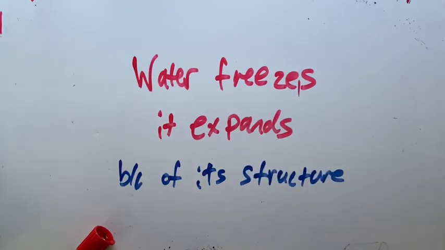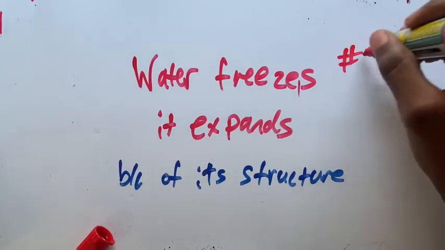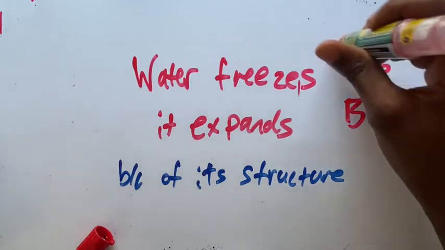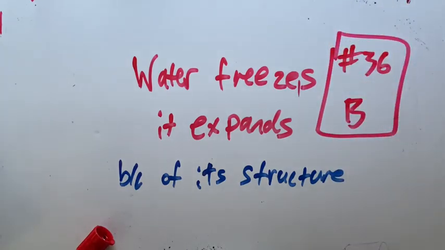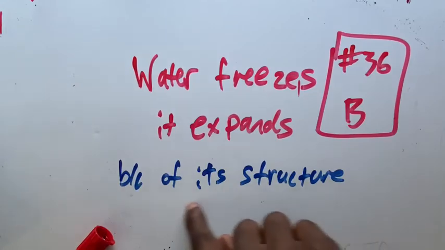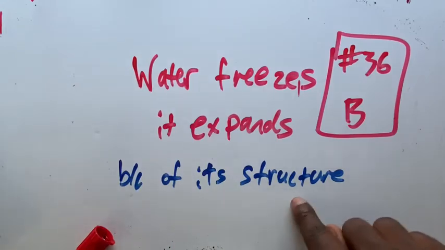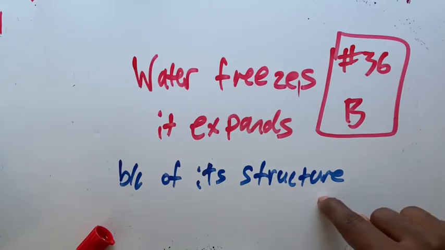37 says, well, actually, let me write this out. 36 was B. 37 says ice has a lower density than water because, well, that's going to be E. Ice has a lower density because of its structure.